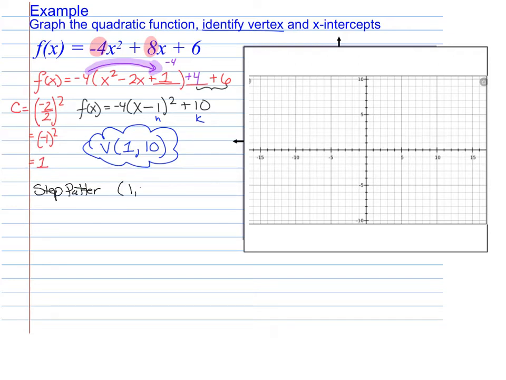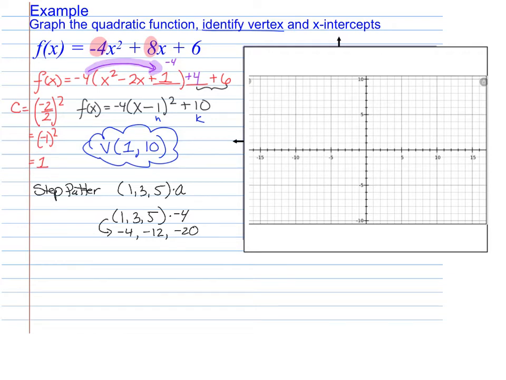You have 1, 3, 5, and there are more numbers, but we usually don't have enough room for any other numbers besides that, times your leading coefficient A. Since my leading coefficient in this case was -4, I'm going to have 1, 3, 5 times my -4, which means I'm going to have -4, -12, and -20.